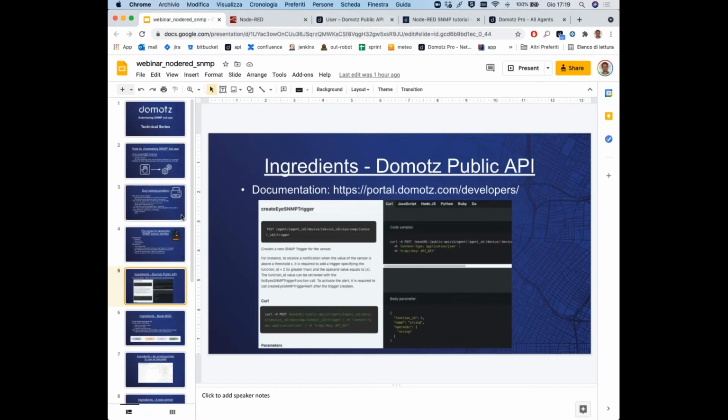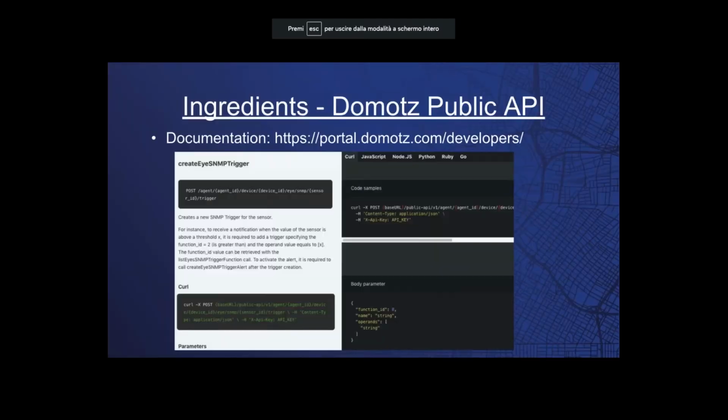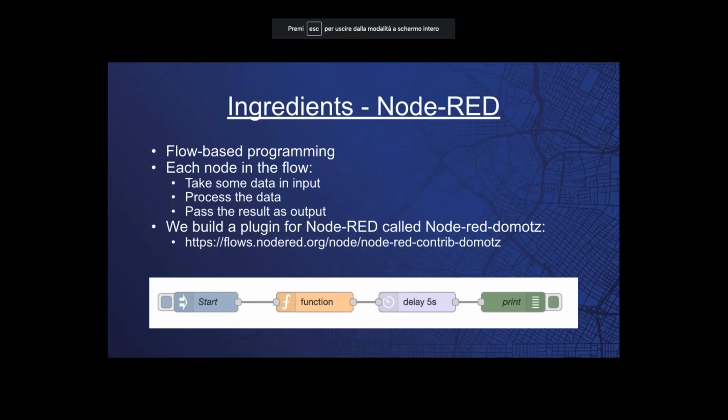Okay. We can return to our presentation, and the second ingredient of our demo is Node-RED. Node-RED is a tool that permits you to do flow-based programming. The idea is that you have a lot of nodes in your flow. Each node takes some input from the previous node, does some processing, and passes the result as output to the subsequent node.